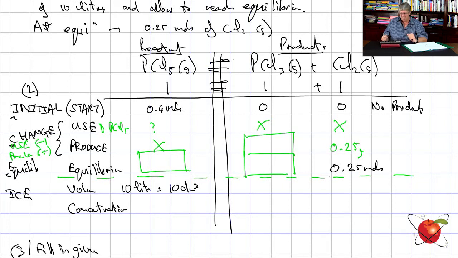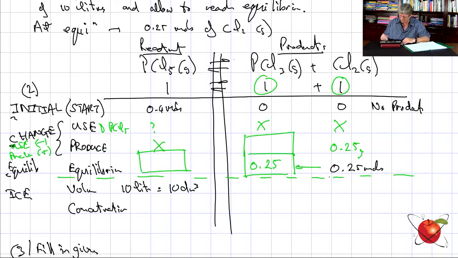If I had 0.25 moles of Cl2 gas at equilibrium, how many moles of PCl3 must I have? I must have the same because it reacts in the ratio 1:1. I must have the same number of moles. Therefore, if I've got 0.25 of this, I must have 0.25 of that.